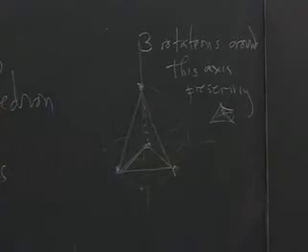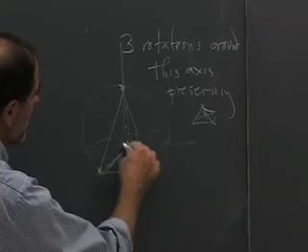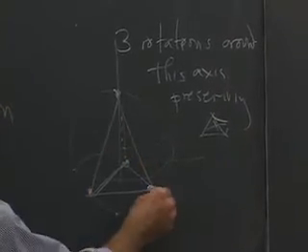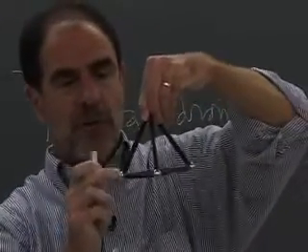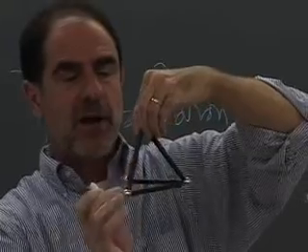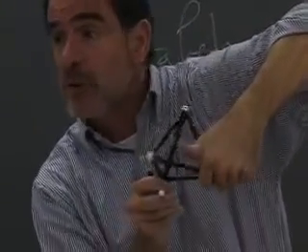Okay? Likewise, for any other vertex, there are 3 rotations around the axis that goes through the vertex and is perpendicular. So there was nothing special about this vertex. If I started with this vertex and I took the axis through the vertex and the midpoint of that side and I rotated the tetrahedron around that axis, I'd still have 3 rotations that preserve the tetrahedron.